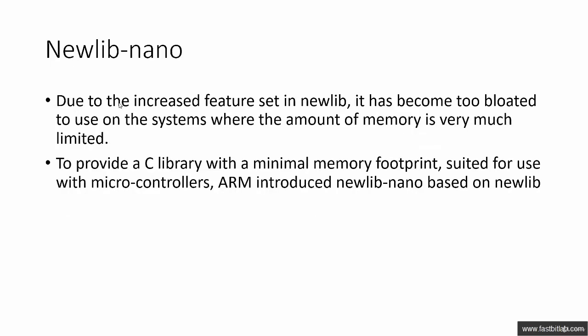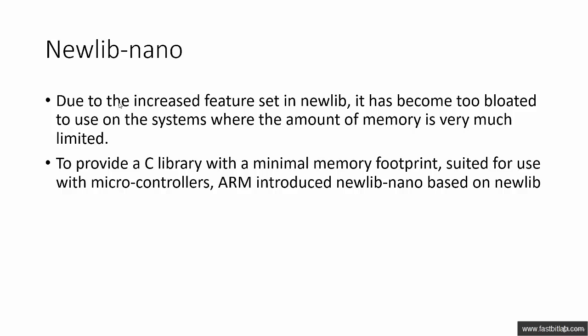Due to the increased feature set in NewLib, it has become too bloated to use on systems where the amount of memory is very limited, especially low memory embedded systems. To provide a C library with a minimal memory footprint suited for use with microcontrollers, ARM introduced NewLib Nano, which is based on NewLib.